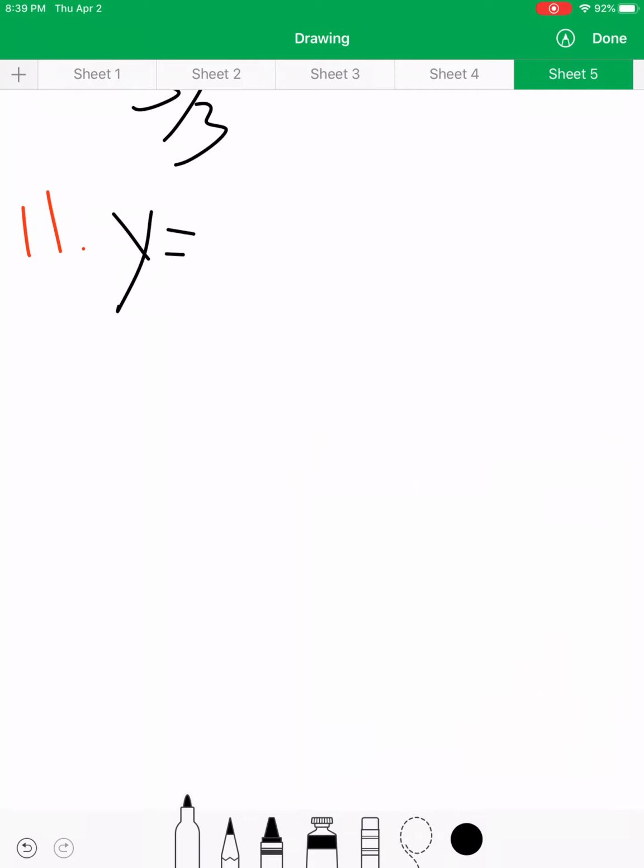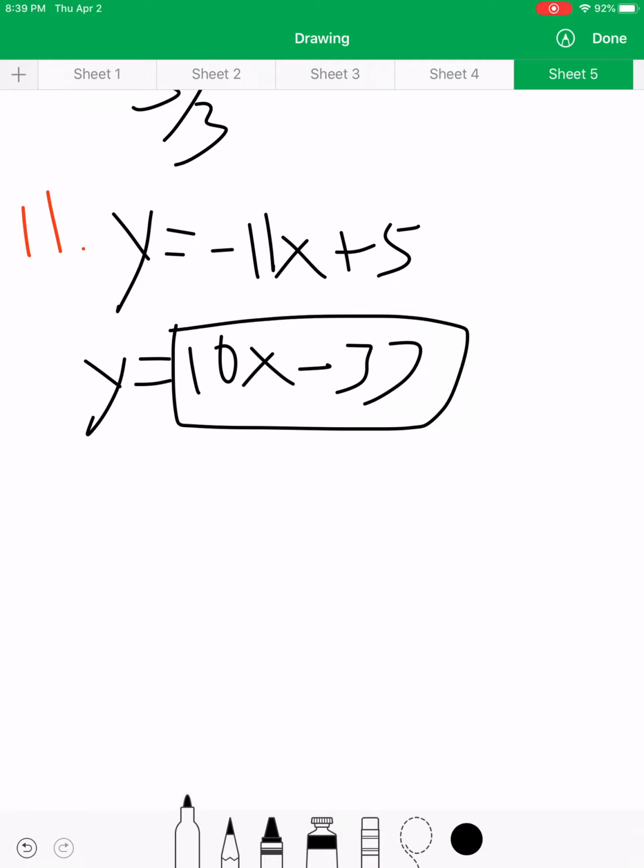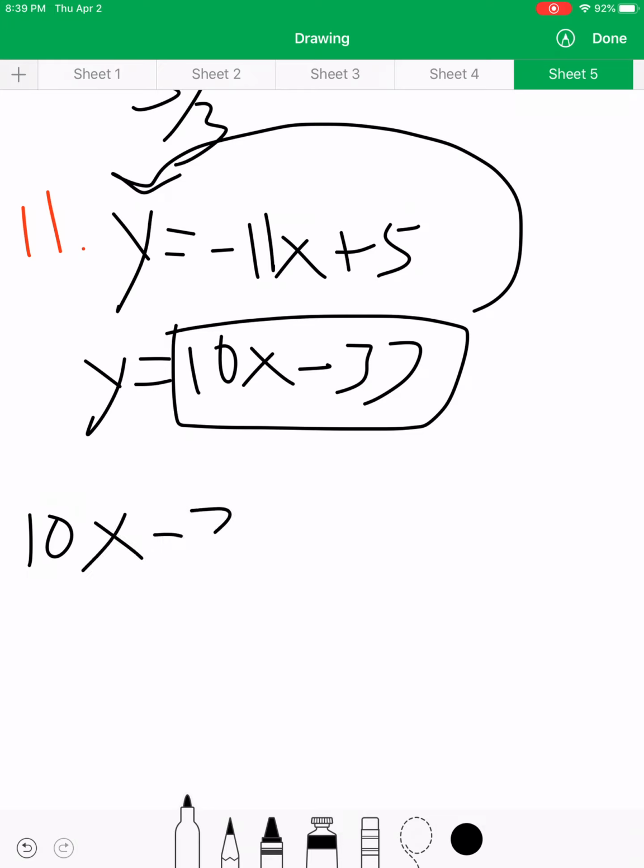Y equals negative 11x plus 5, and y also equals 10x minus 37. All you have to do, guys, is take what you know y is and substitute it in. So for instance, take this right here, that's what y is, and plug it in for y. So rewrite it as 10x minus 37 equals negative 11x plus 5.